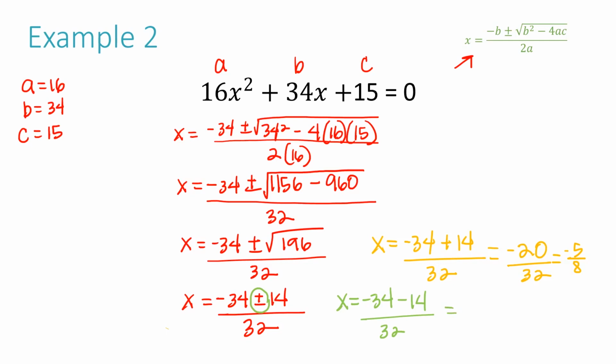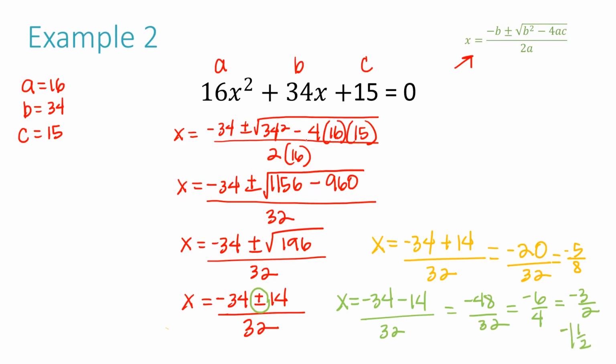I have negative 34 minus 14, and that's going to give me negative 48, and that is over 32. Then I can simplify negative 48 over 32 because 8 can go into both, and I get negative 6 over 4, and then that can simplify again to negative 3 over 2. So my answer for this one is negative 1.5.